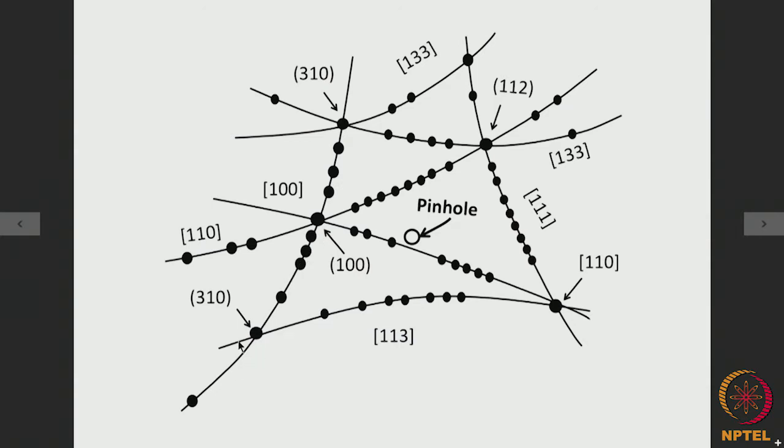The planes forming the 113 zone, their diffraction spots will lie on this hyperbola, etc., etc. Now, when we put the specimen in the back reflection Laue method, the X radiation is allowed to fall on the crystal surface in a perpendicular manner, and in that respect the perpendicular to the surface of the crystal will be lying right at the center of this region.